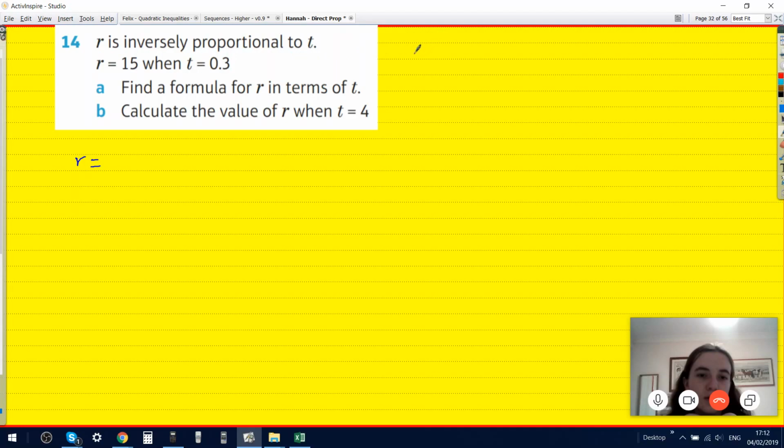What does that look like in general? Like a fraction. Yeah. And so it's usually like y equals k over x.